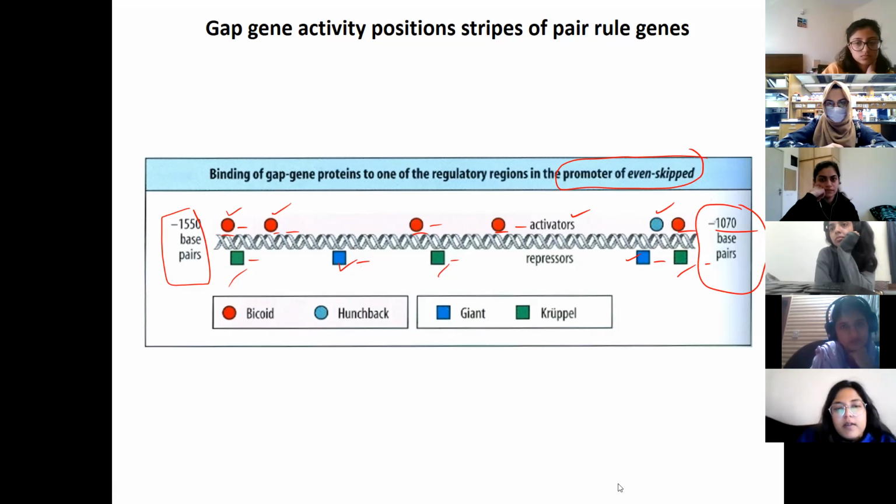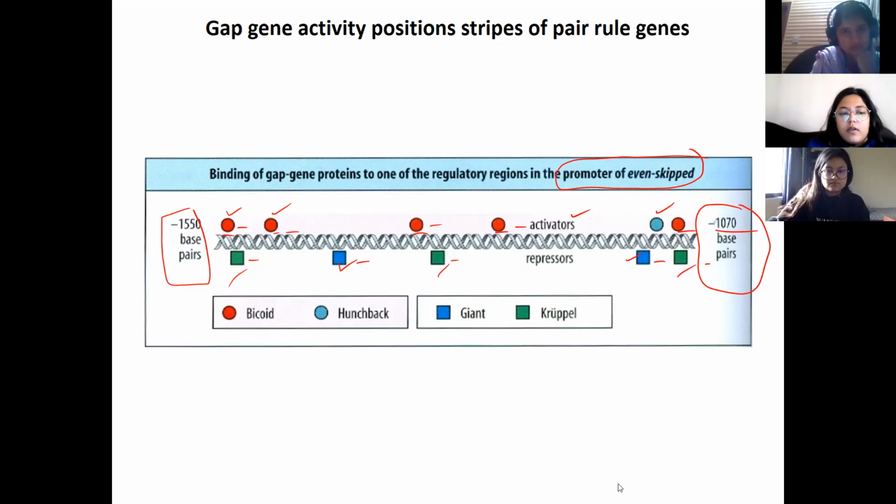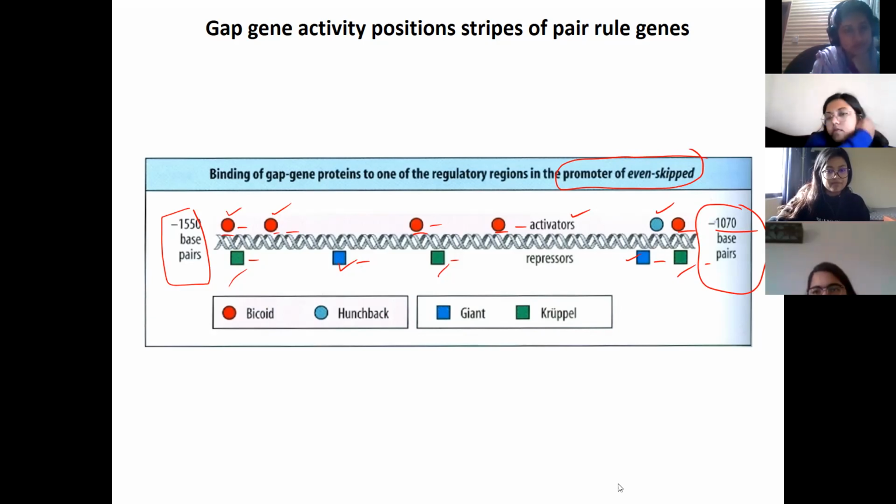Sir, it means that the DNA sequence that these regulatory proteins actually bind to lies between these certain positions. Savera? I'm not sure.